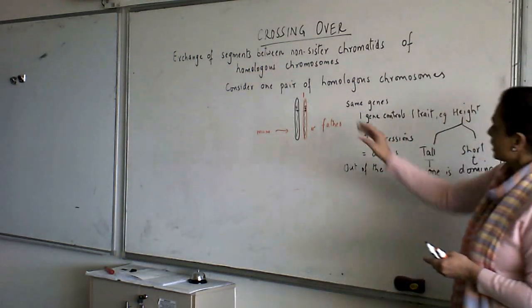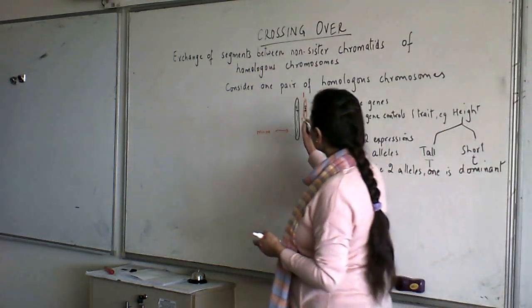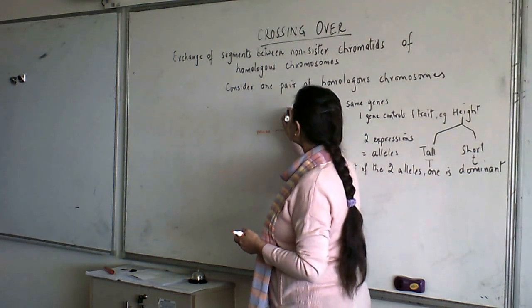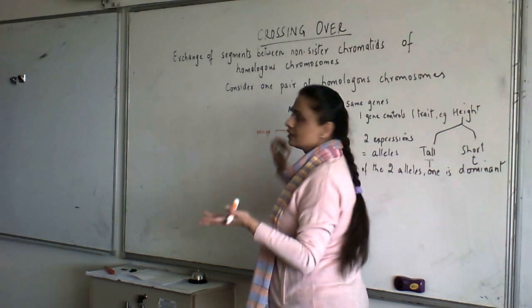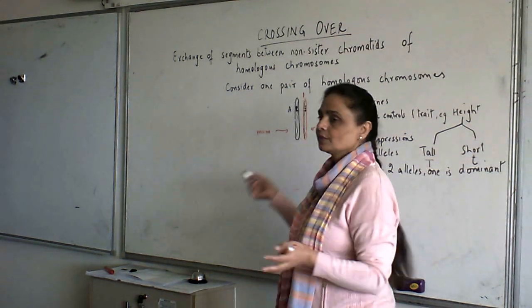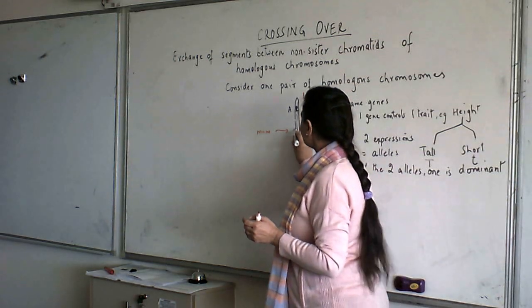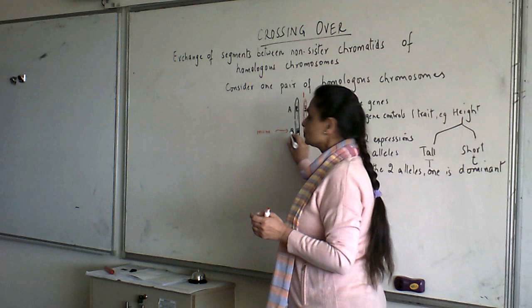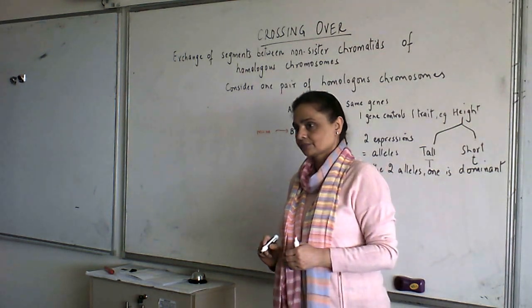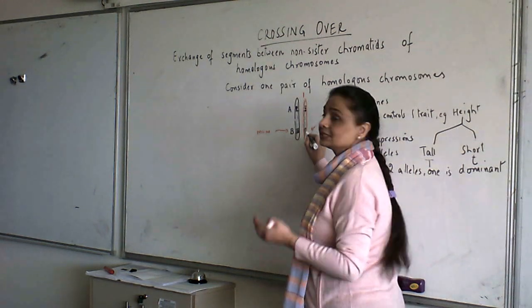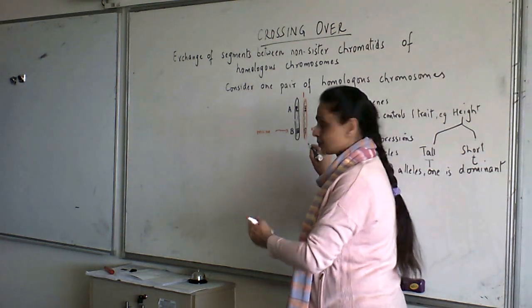Right, coming back to that, let's look at an example. Say this chromosome has the allele capital A, which is dominant for some trait. It could be height. And they've got another gene that is also of the dominant type. The other parent passes on the recessive alleles for the same trait.